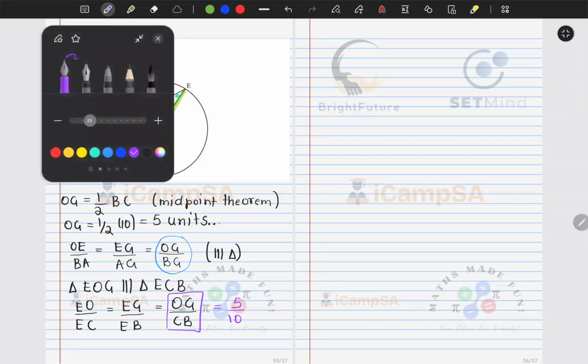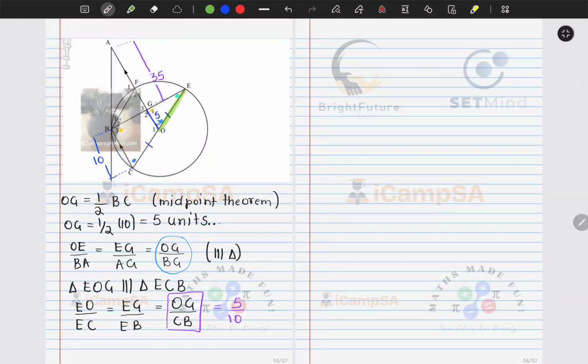Okay. So that then leaves me with EO over EC equaling 1 over 2, which means our EO is half of EC.